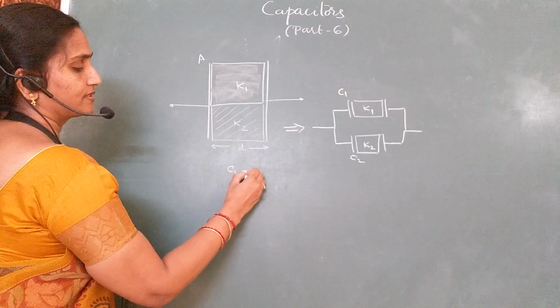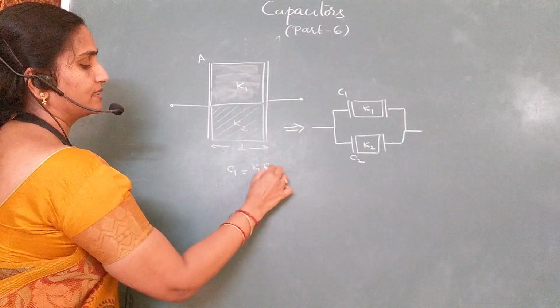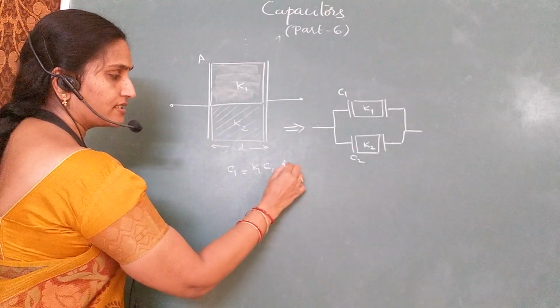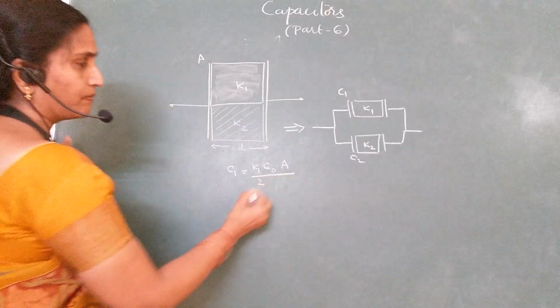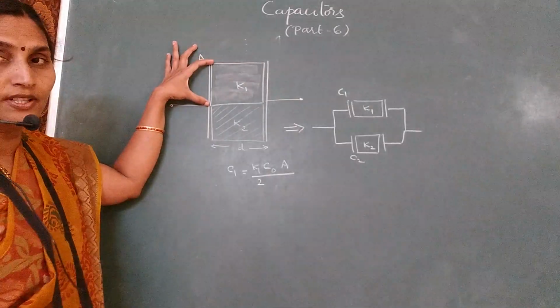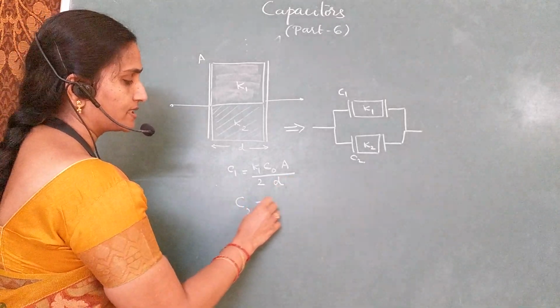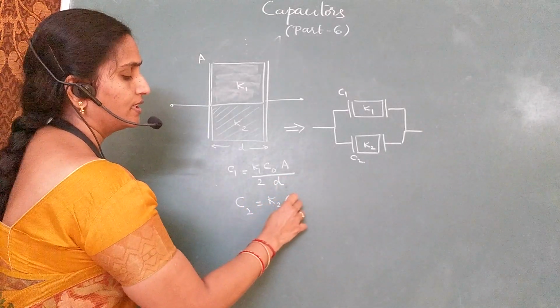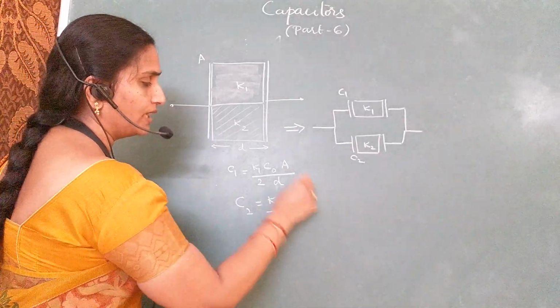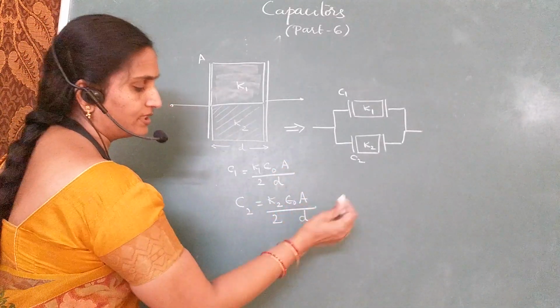What is C1? K1 epsilon naught, see, area is reduced to half because only half of the area of the plates is filled with K1, so A by 2, divided by D. Then C2 is K2 epsilon naught A by 2, area has reduced to half, divided by D.